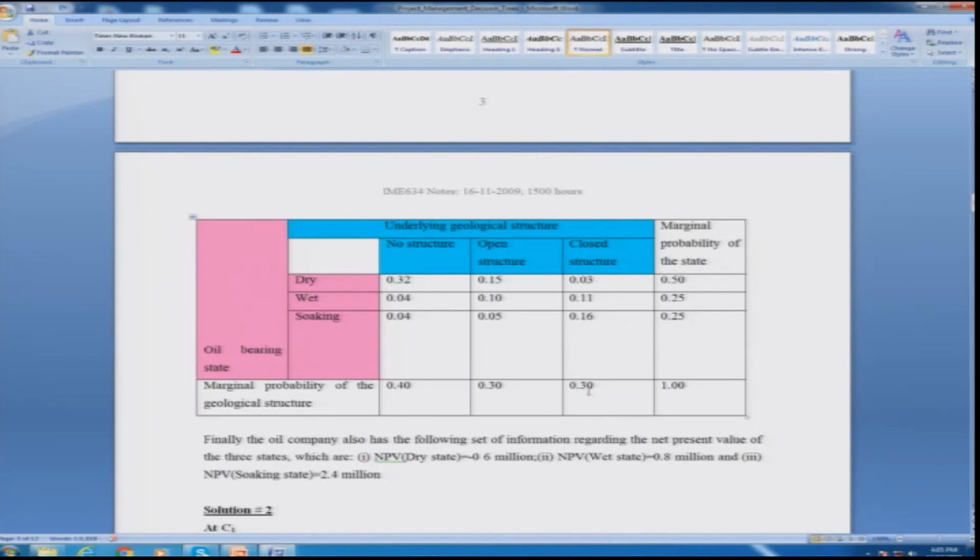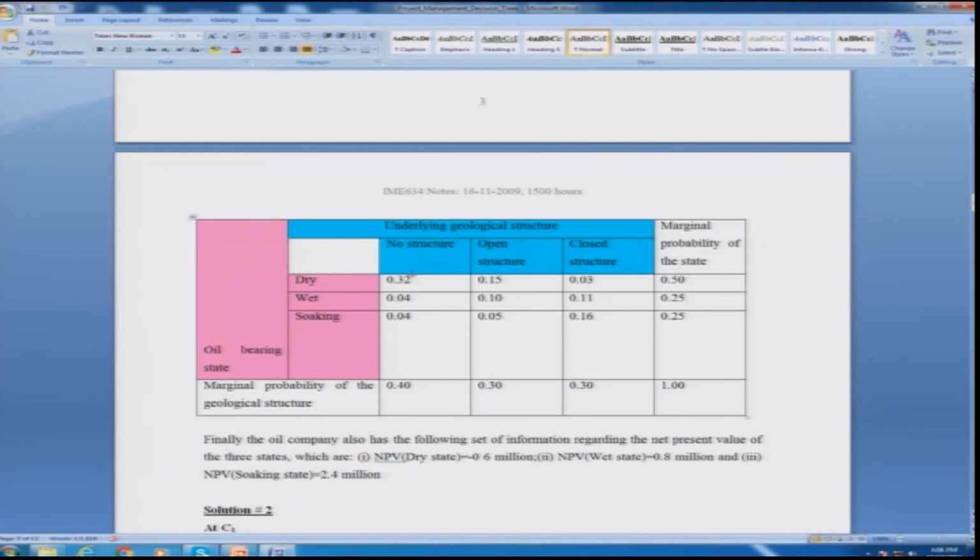Closed structure has a probability of 30%, open structure 30%, no structure 40%, again the probability is 1. So, the values along the bottommost row and the rightmost column are the marginal probabilities of the state, and the geological and oil bearing states are very nicely shown.